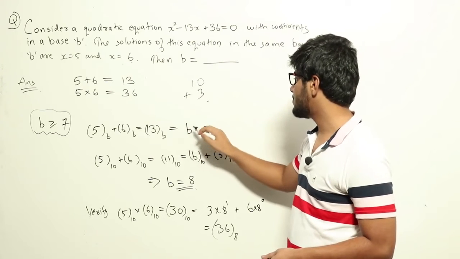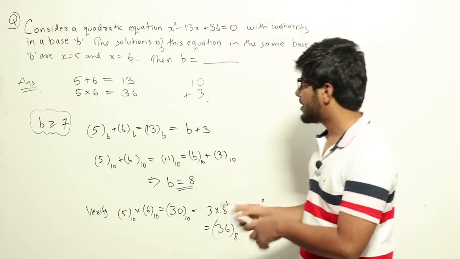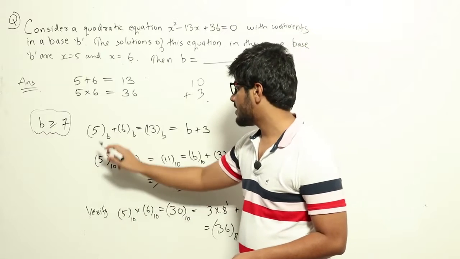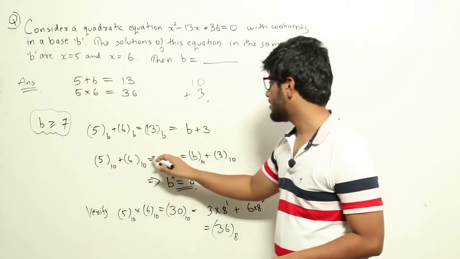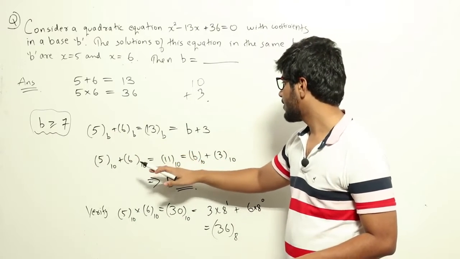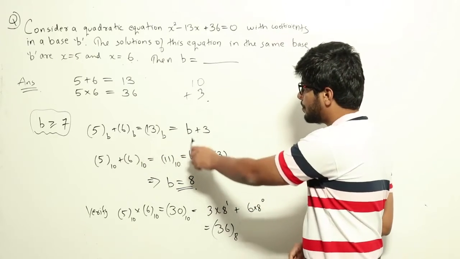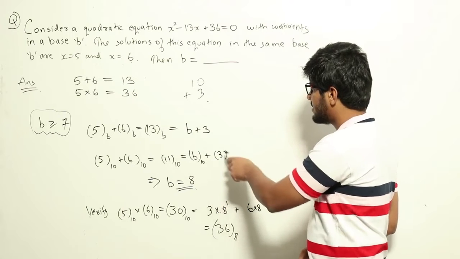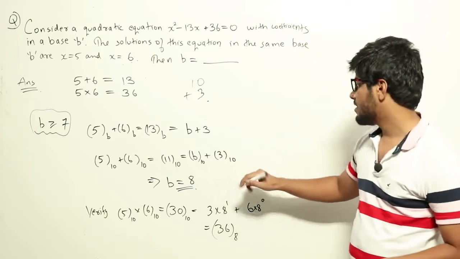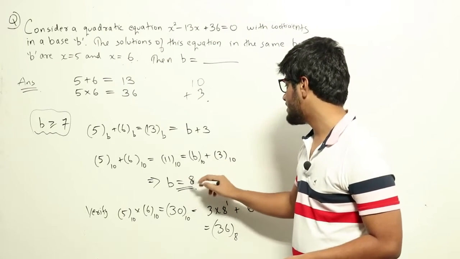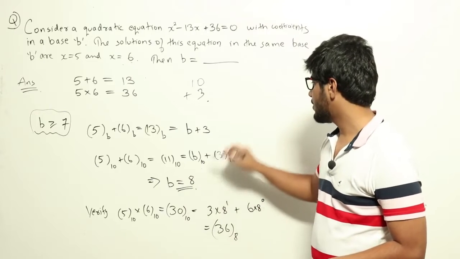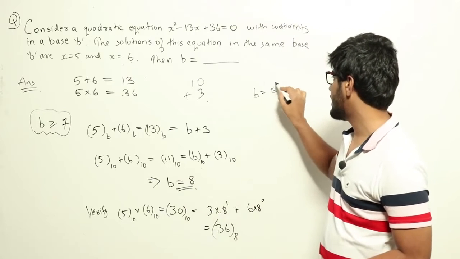So we can rewrite it again as b plus 3. Now if I write it in base 10, 5 plus 6 is 11 in base 10. That is equal to b in base 10 plus 3 in base 10, which means that b will be 8 in base 10. So now we got that base b will be equal to 8.